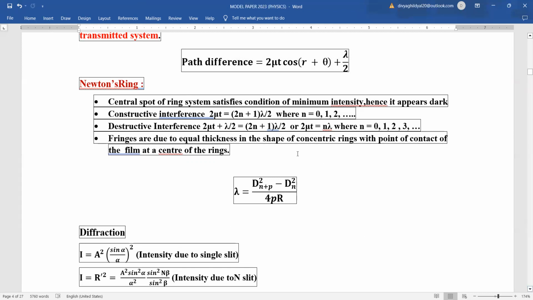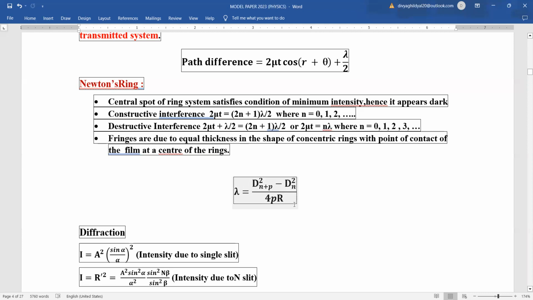And the very famous formula for the Newton ring experiment, where I am expecting a numerical, is lambda equal to (D squared n plus p minus D n squared) upon 4 p r, where D n plus p is the diameter of one ring and D n is the diameter of the other ring, where I take the difference.